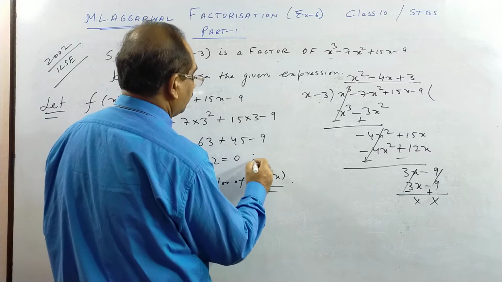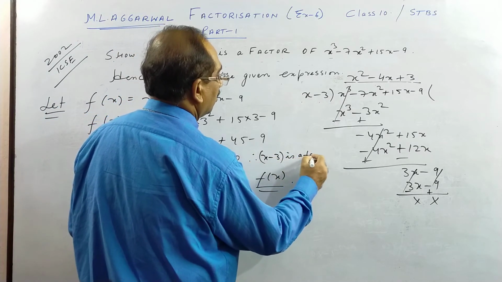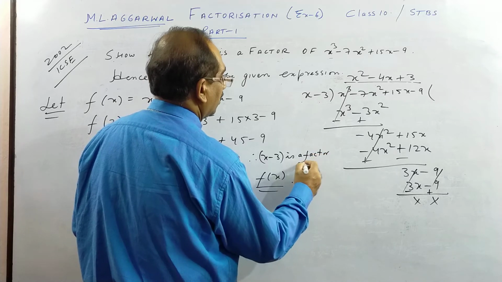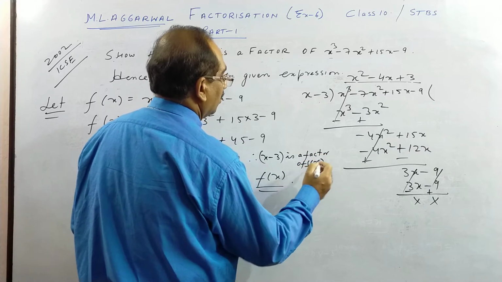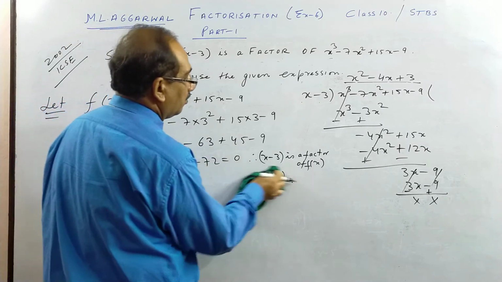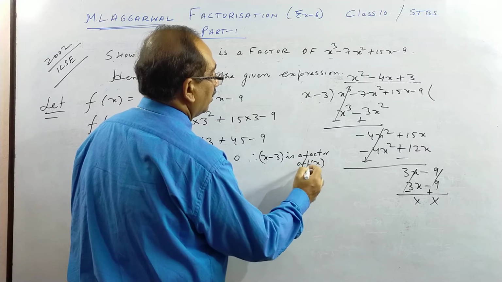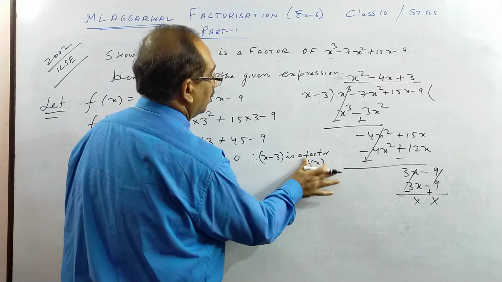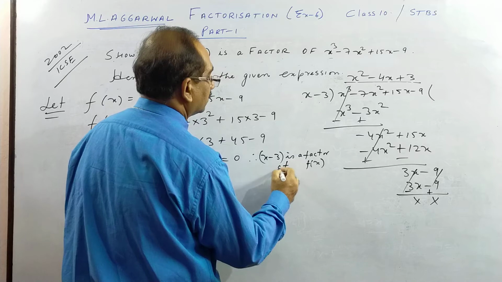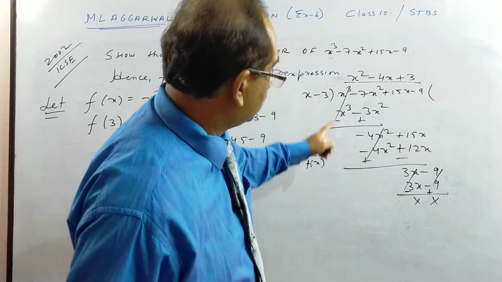So I am writing: therefore x minus 3 is a factor of f(x). I'm writing the final thing over here. There are two ways, children. First, you can factorize it separately.